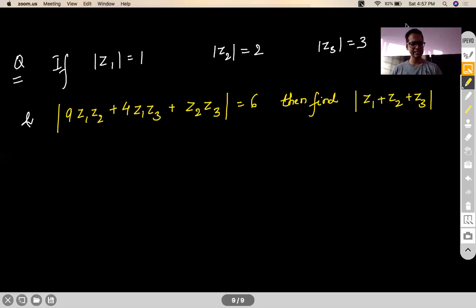Yes, any success? One hint I would like to give you all: if you see these numbers 9, 4, 1, they're actually squares of these quantities. That should ring a bell in your mind.